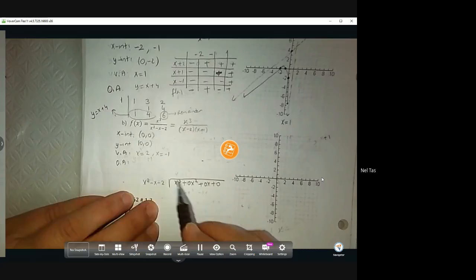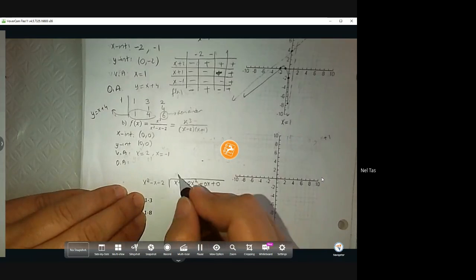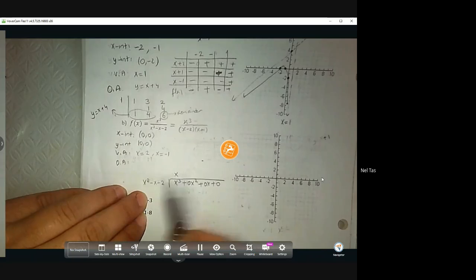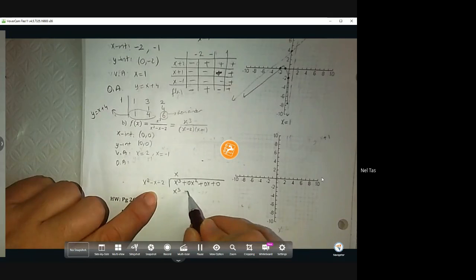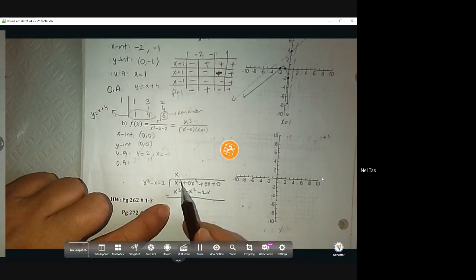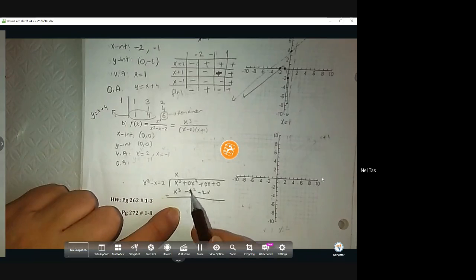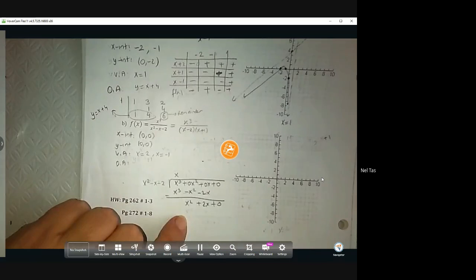Now, you need to multiply x squared by something to get x cubed. That would be x. So x times x squared, x cubed. X times negative x squared. X times negative 2, negative 2x. Subtract. So you get 0. 0 minus negative 1 gives you x squared. 0 minus negative 2 gives you positive 2x plus 0.